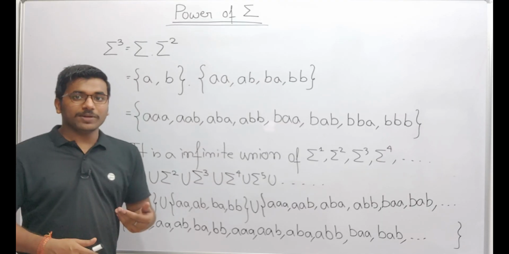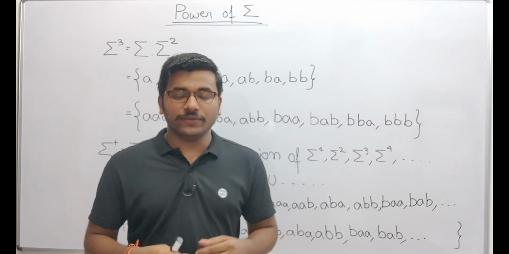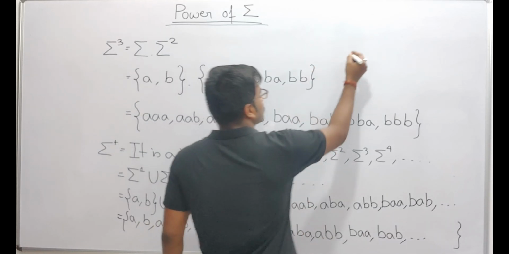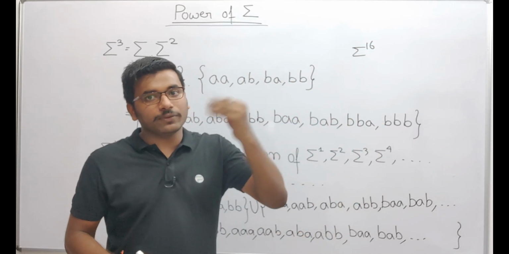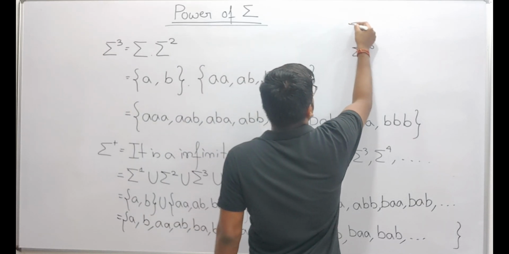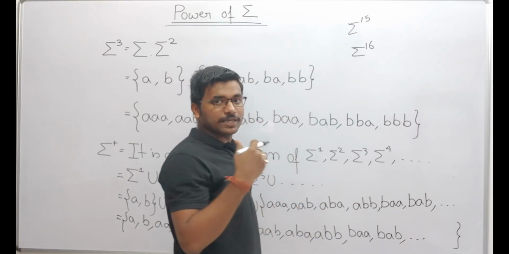Now see sigma 3. We have seen sigma 0, sigma 1, sigma 2. So what is the use of that? If in the GATE exam they ask you sigma 16, doing it like sigma 0, sigma 1 will take time. So in the GATE exam they will give you sigma 15 and then ask you sigma 16.